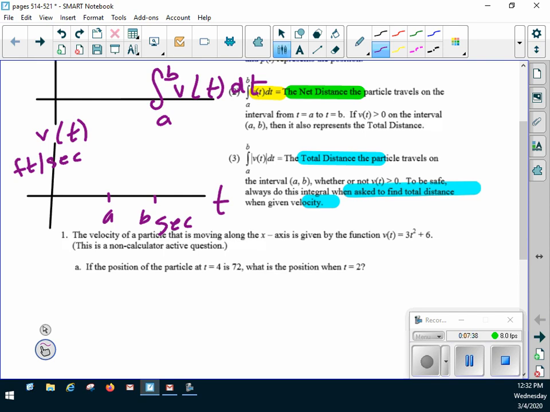Is it feet or is it feet per second per second? You're going backwards. If I integrate velocity, I get position. So it's just going to be feet.